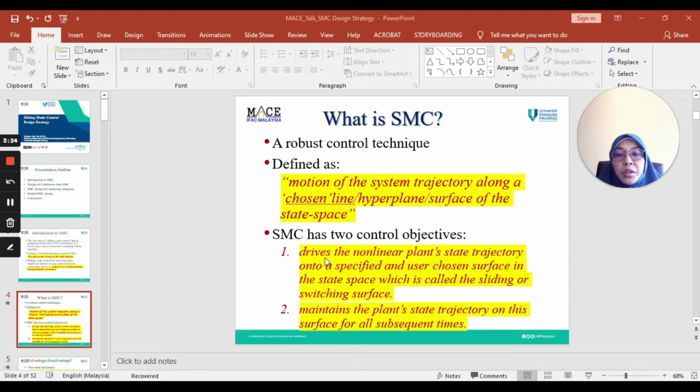First, we want to drive the nonlinear plant state trajectory onto a specified and chosen surface in the state space, which is called the sliding or switching surface or sliding manifold. And second, we also want to maintain the plant state trajectory on this surface at all subsequent times. So these two objectives always need to be laid out when you want to design SMC.